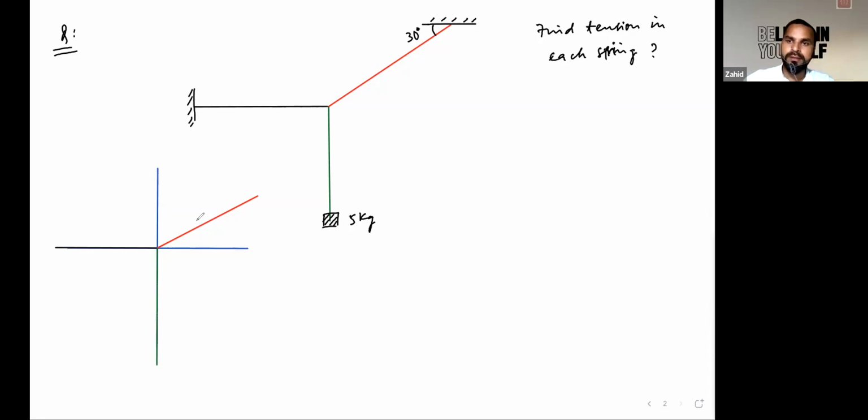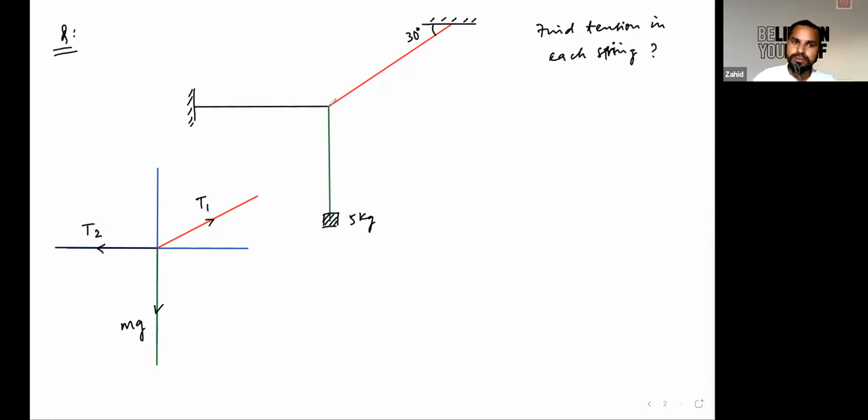Let's say the tension in this string is T1, the tension in this other string is T2, and there is a force due to this mass along the downward direction. We call it mg.